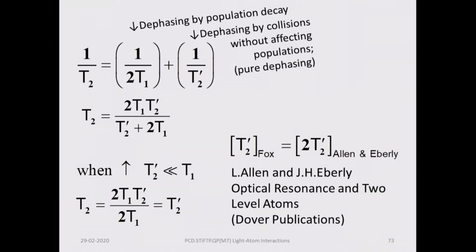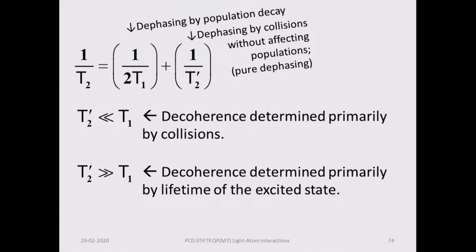There is a difference in the factor of 2, so when you actually do the calculations, you have to be careful about this. There will be a difference in the factor of 2, but otherwise it is the same thing. So, what is the main factor of decoherence?